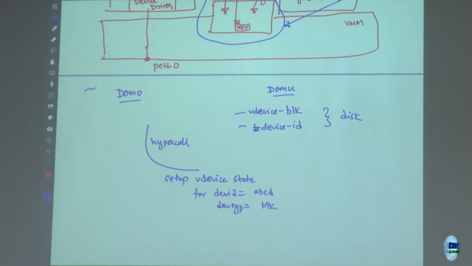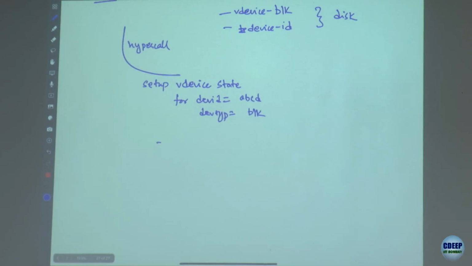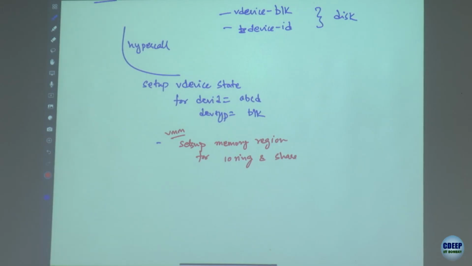So on this hypercall, what will happen is that the VMM sets up a memory region for IO ring and shared data region.